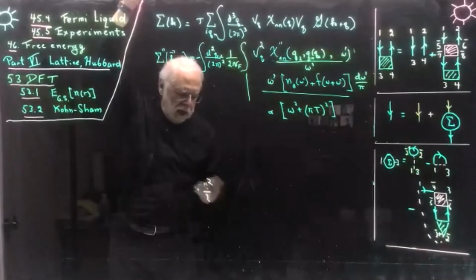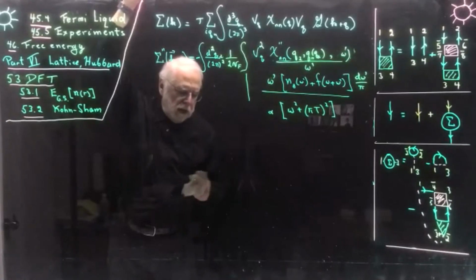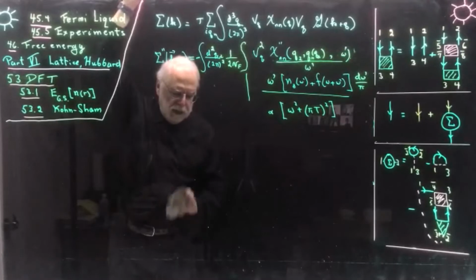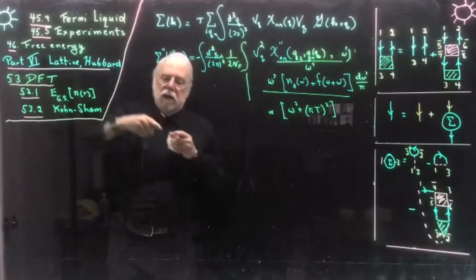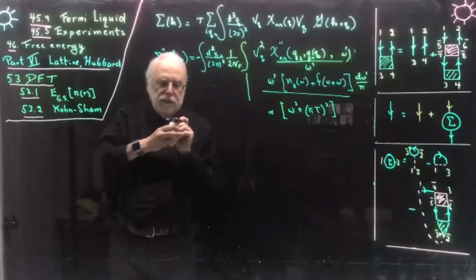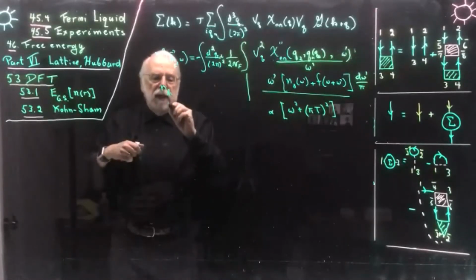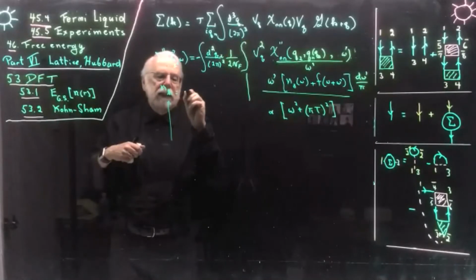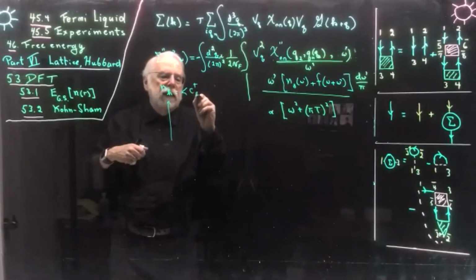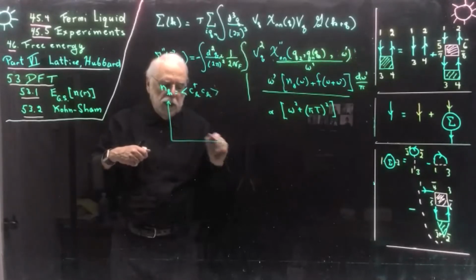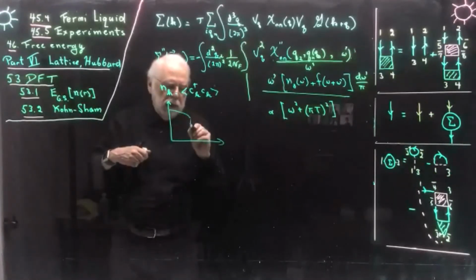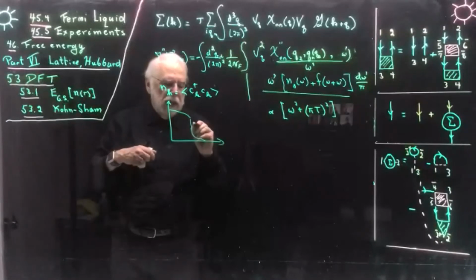So I will first show you the result of a calculation for the jump in the Fermi. We saw that n of k in an interacting system, this is the expectation of c dagger k, c k. Instead of being just a Fermi function, it's equal to this. And the height of this is Z.